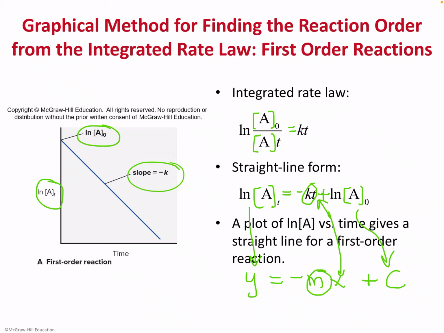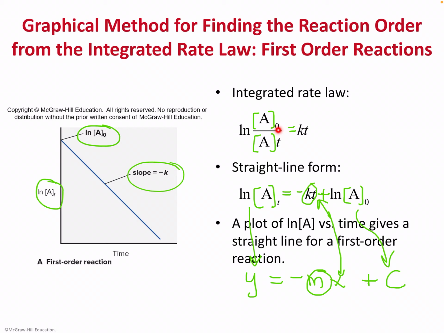For a first order reaction, you see here the integrated rate law, ln A naught over At equals Kt. From this, we can derive the expression for T half. Now A naught is the initial concentration and At is the concentration at a certain time.